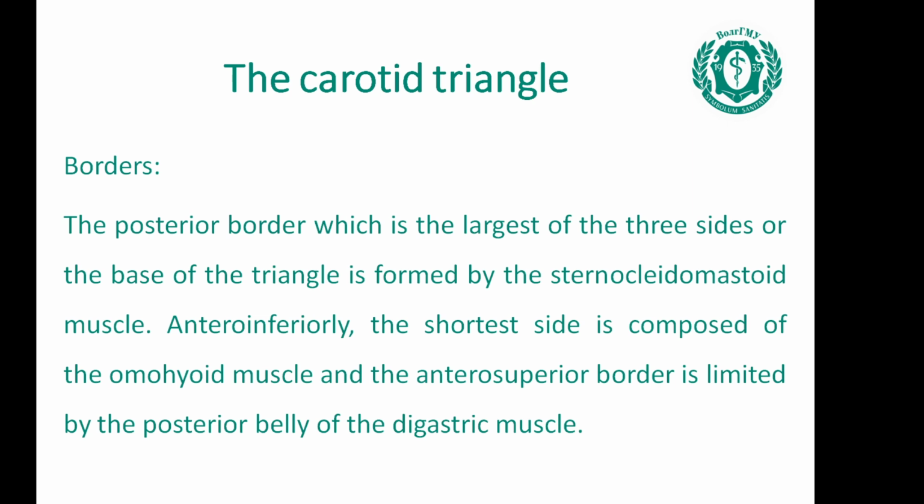Borders or boundaries. The posterior border, which is the largest of these sides, or the base of the triangle, is formed by the sternocleidomastoid muscle. Anteriorly, the shortest side is composed of the omohyoid muscle, and the anterosuperior border is limited by the posterior belly of the digastric muscle.